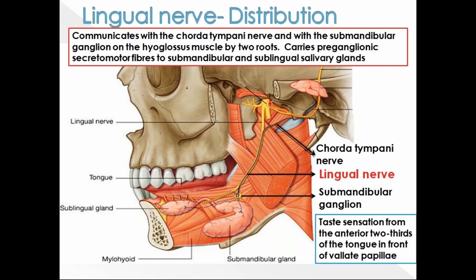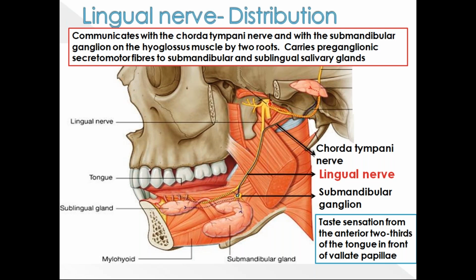As I already said in the course, it is joined by the chorda tympani, which is a branch of the facial nerve. So it communicates with the chorda tympani nerve, and through this it communicates with the submandibular ganglion on the hyoglossus muscle by two roots. It carries preganglionic secretomotor fibers to the submandibular salivary gland and also to the sublingual salivary gland.